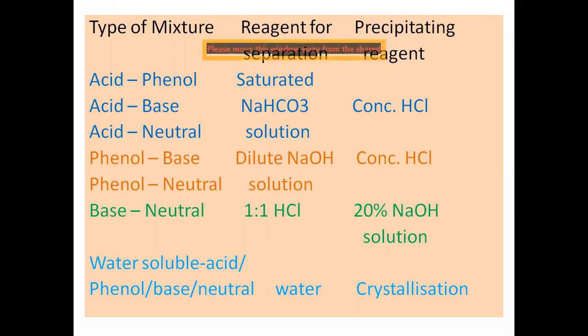So if one of the compounds is water soluble, your separation reagent is water, and when you evaporate that water you will get the water soluble compound, and the other, which is water insoluble, will remain on your filter paper while filtering it.